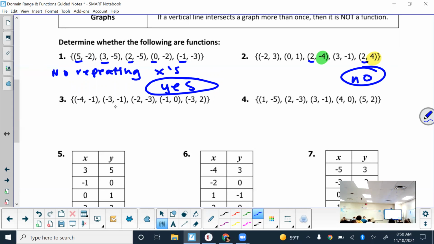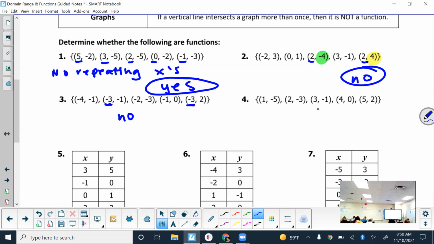All right, number 3, don't say it yet. Look at it. Is number 3 a function? No. Which one repeats? -3. Good. So -3, and again, it has 2 different y's. So no, it's not a function.